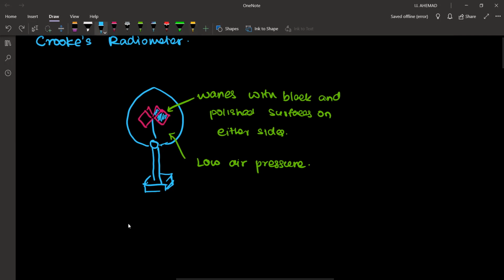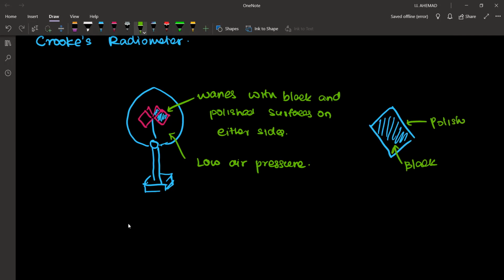As we discussed, this Crookes radiometer has two surfaces, right? One is a black color surface, so this side is the black surface. And on the other side, we have a polished surface. When light is incident on this surface, it is also incident on this surface too, right?